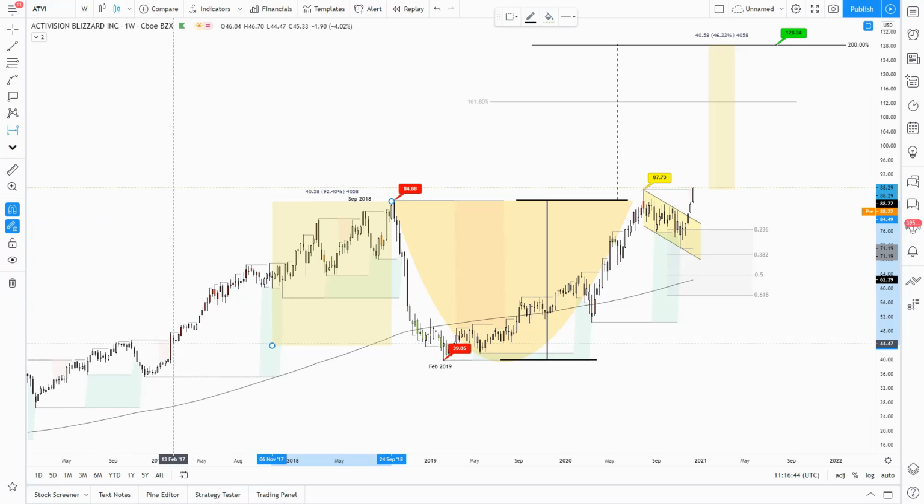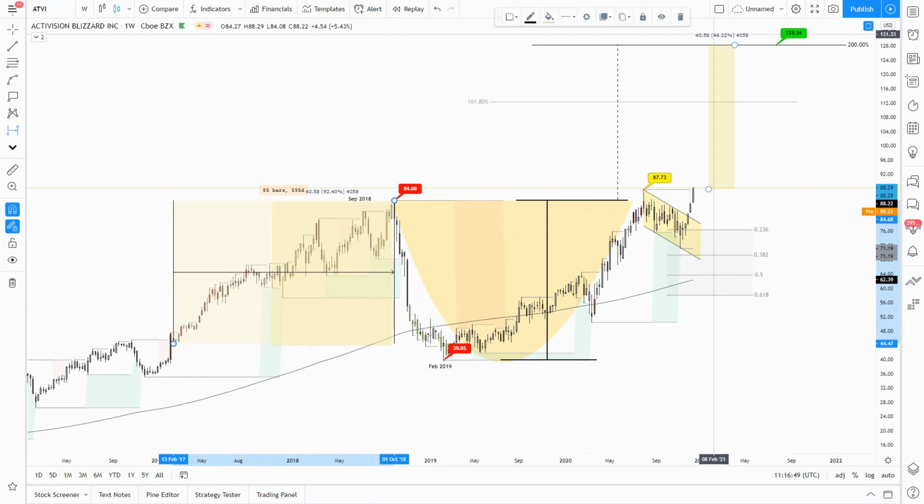So we have a projection 46% above the recent price. It may take a lot of time to rise into those levels again.